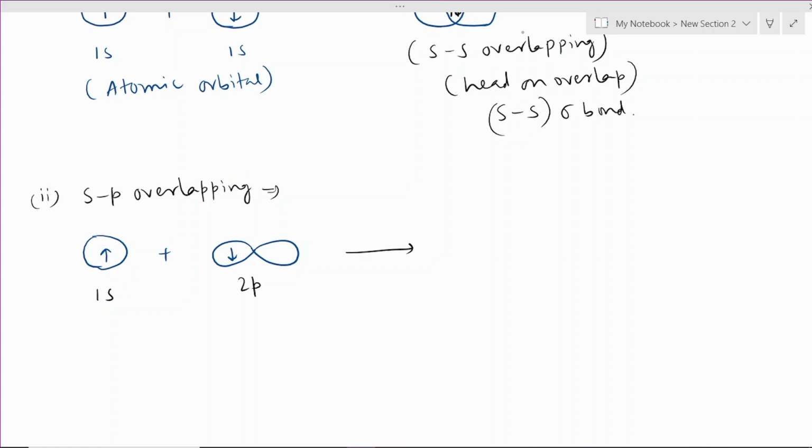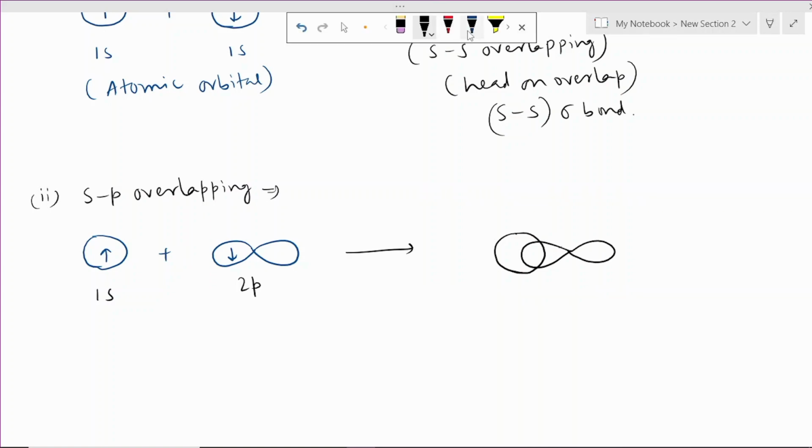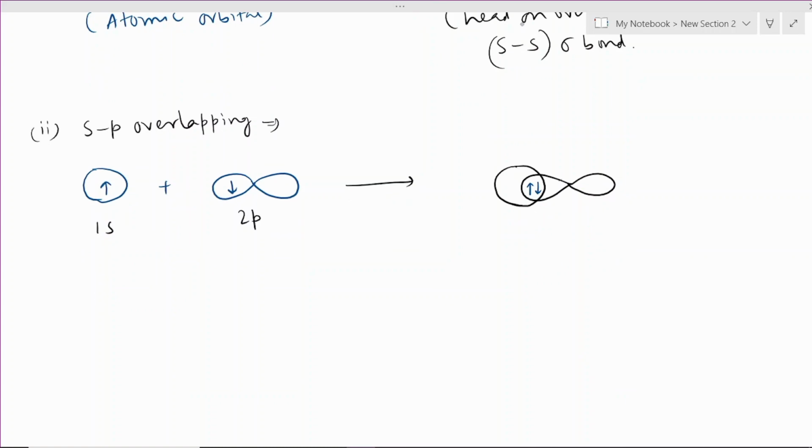Head-on overlap takes place and we get these two electrons. So this is also head-on overlap, and this is an s-p sigma bond.